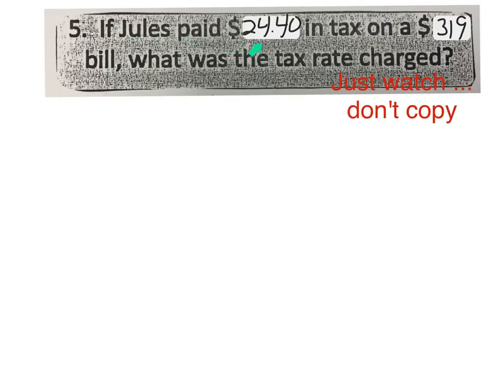Okay, if Jules paid $24.40 in tax on a $319 bill, what was the tax rate charged? Again, from your notes, rate means percent. So what was the percent charged? So part over whole equals percent over 100.